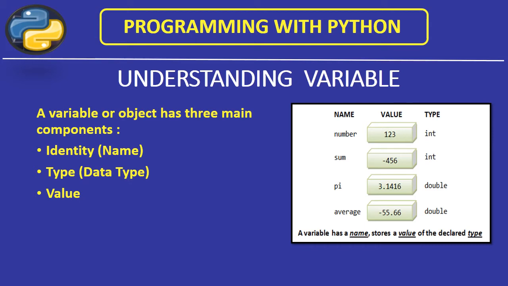On the right hand side you can see the types of these variables. The first variable is of integer type because it's holding an integer value. The second is also integer type. The third is of double or floating type, it stores values in fractions. The fourth is also double or floating type, storing fractional values. So this is the way a variable works in a program.